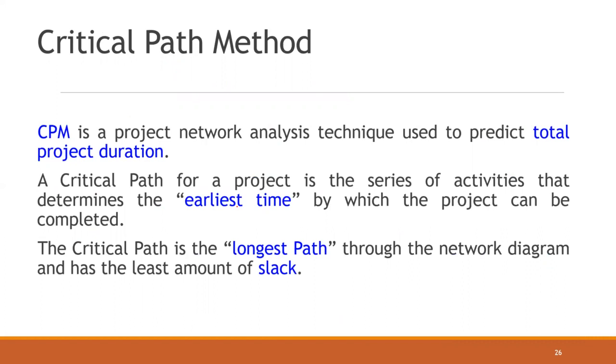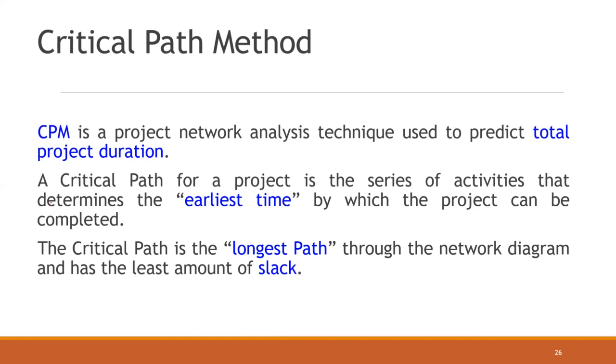It's a technique where you identify tasks that are necessary for project completion and determine the schedule flexibilities. The critical path in project management is the longest sequence of activities that must be finished on time in order for the entire project to complete.